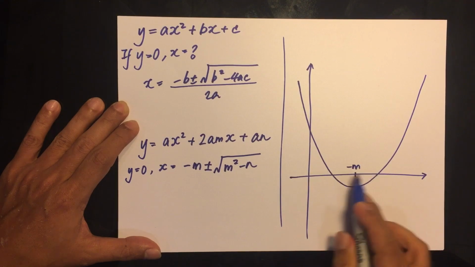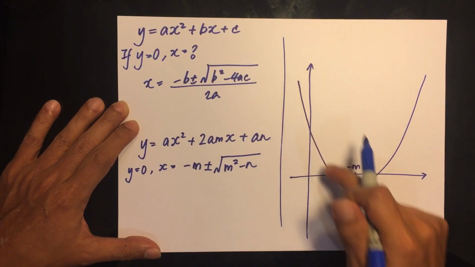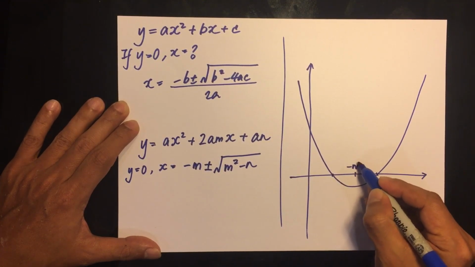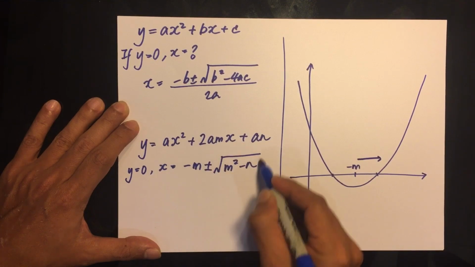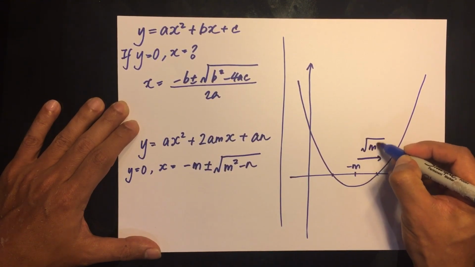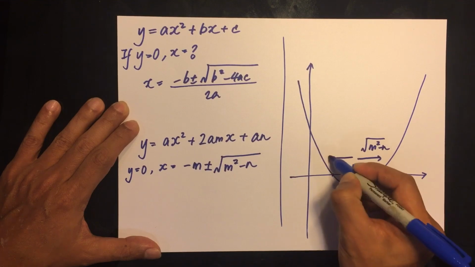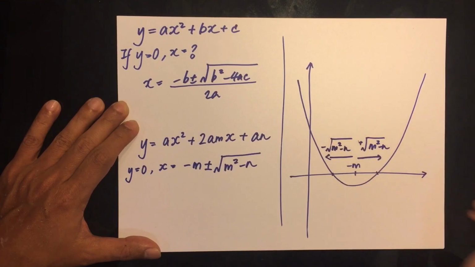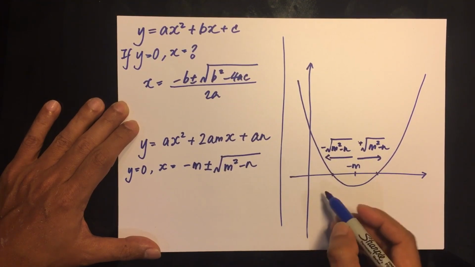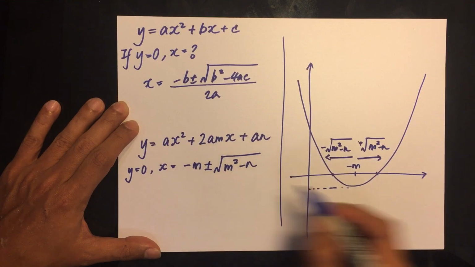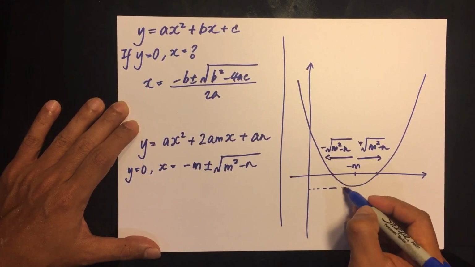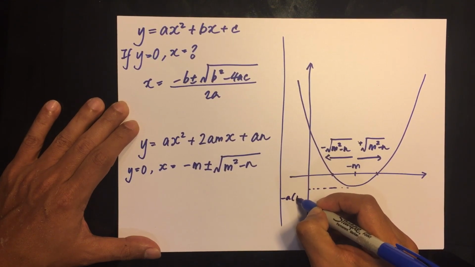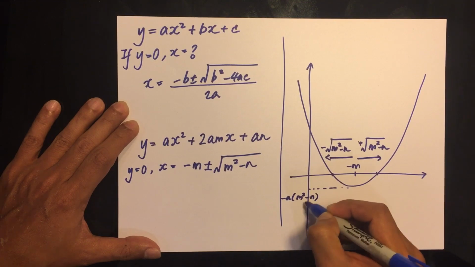And the roots, the points at which the graph intersects y equals 0, are always negative m plus minus the square root of m squared minus n. And one further property is that the lowest point, or the minimum value of this expression, is negative a into m squared minus n. So there's no square root here.